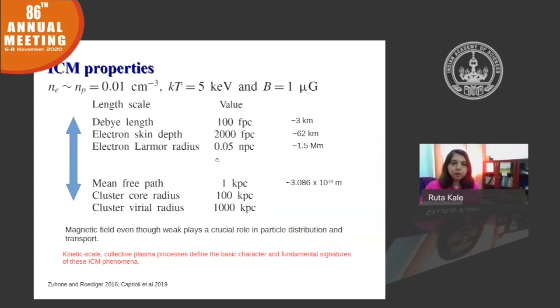So to give you a glimpse of the plasma that we are dealing with, we have relativistic electrons and magnetic fields and the thermal pool of electrons emitting the thermal bremsstrahlung. The issue here is that the magnetic field, although it is weak, plays a crucial role in particle distribution and transport.